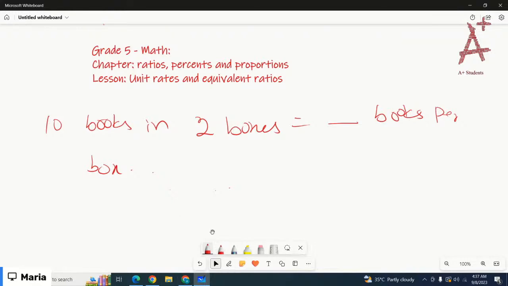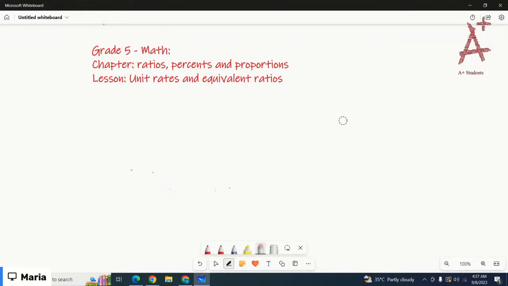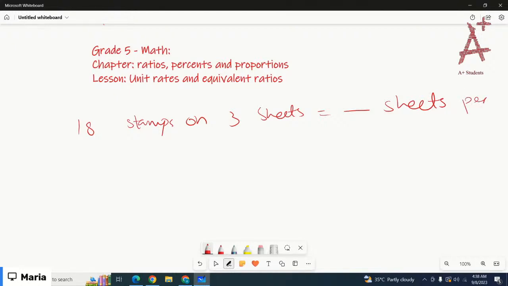Okay, the next one is 18 stamps on 3 sheets. That means how many stamps per sheet, right?